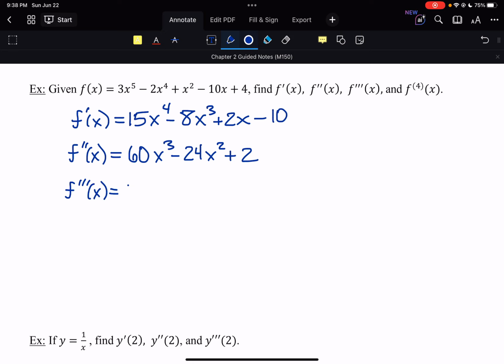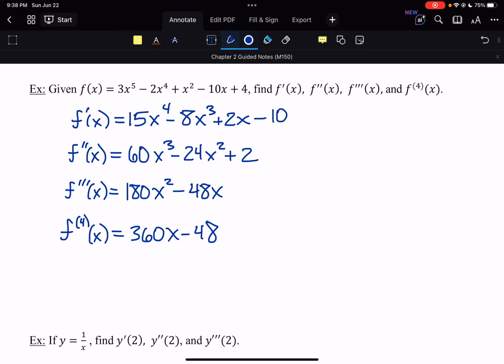So we bring down the 3. That's going to be 180 x squared minus 48 x plus nothing. And for the fourth derivative, we bring down the 2. That's 360x minus 48 times 1.